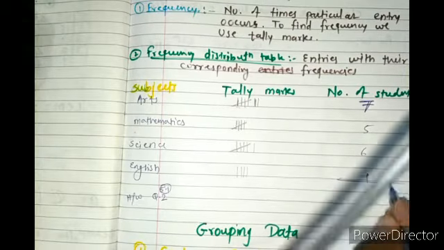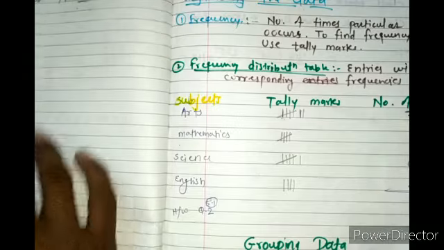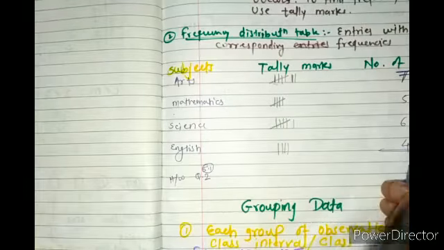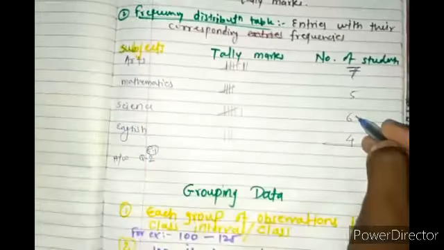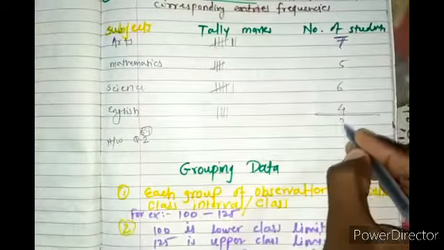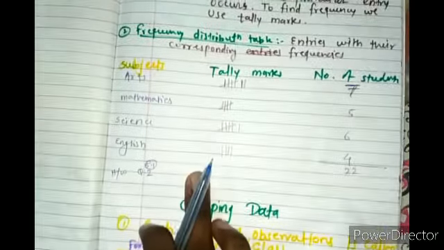So what is the total number of students? 12. 12 plus 6 is 18, and 18 plus 4, 22 students are there. So in this way we can make the frequency distribution table.